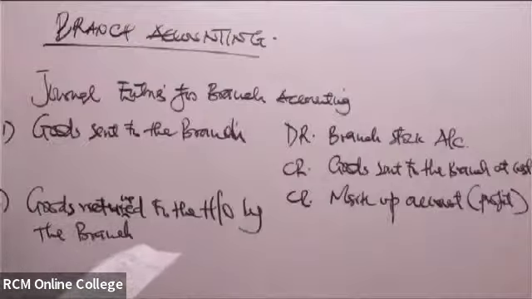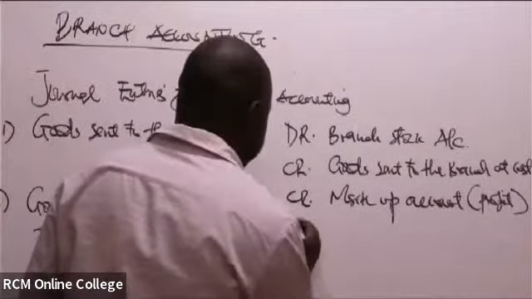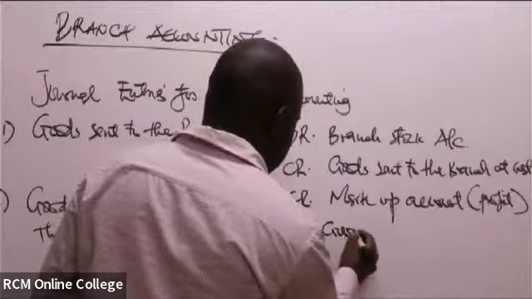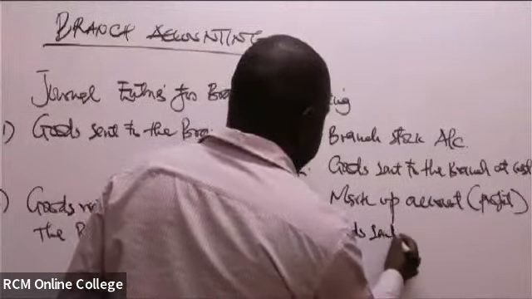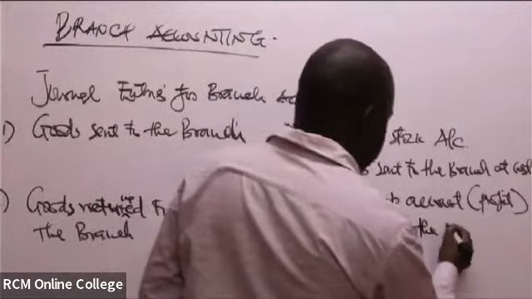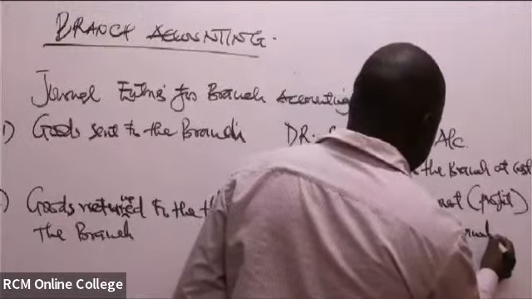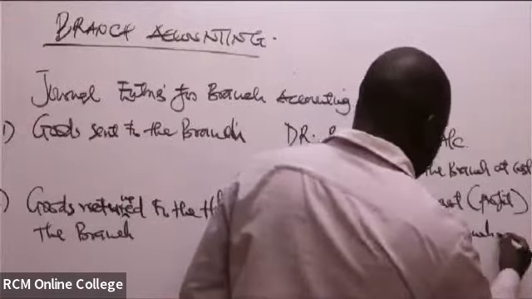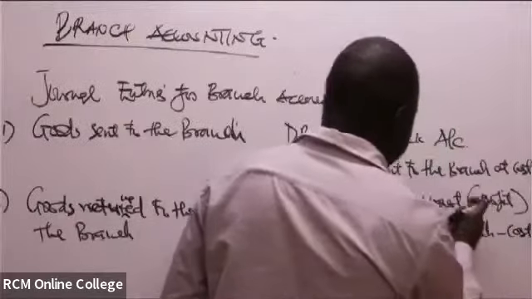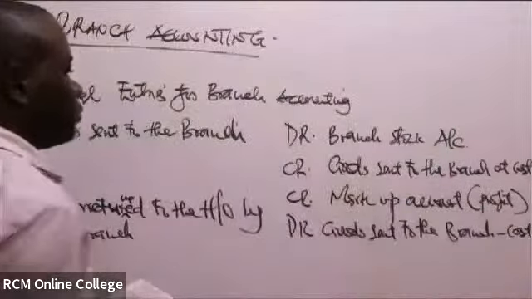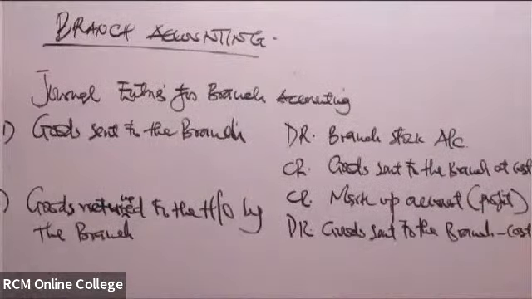So you debit goods sent to the branch. In this case, this one is at cost. It's just the reverse of that transaction.